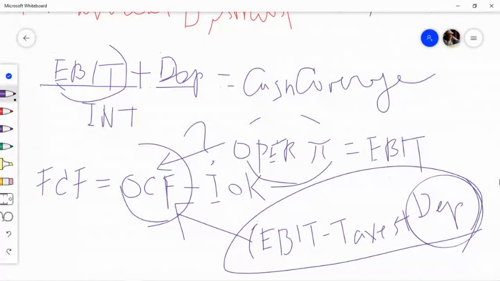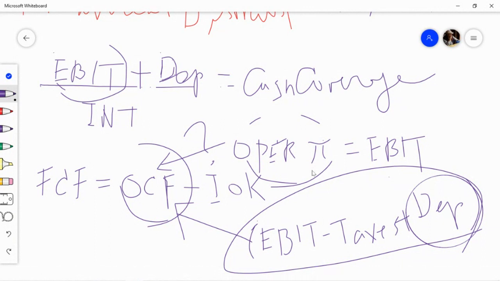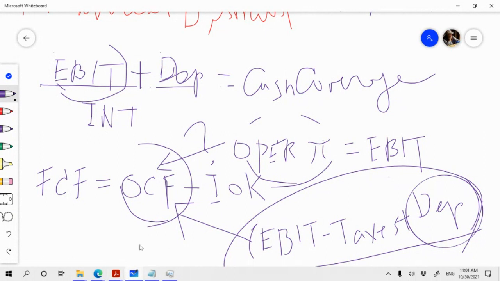So when you have to muster up everything, grab every last penny, you always add depreciation back into EBIT. So that's the cash coverage ratio.